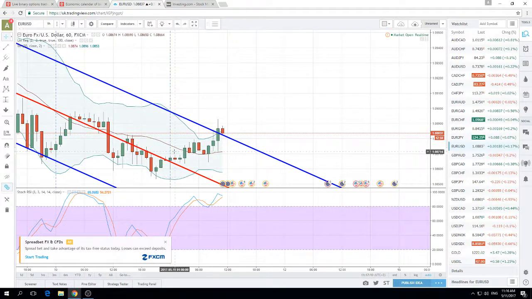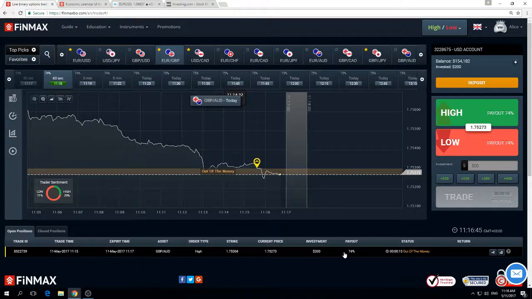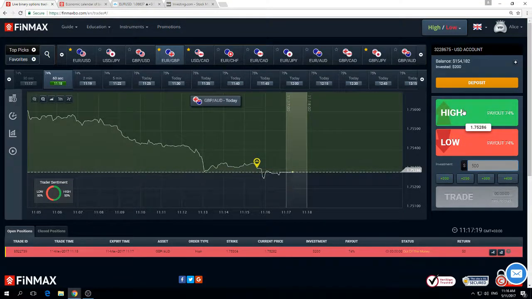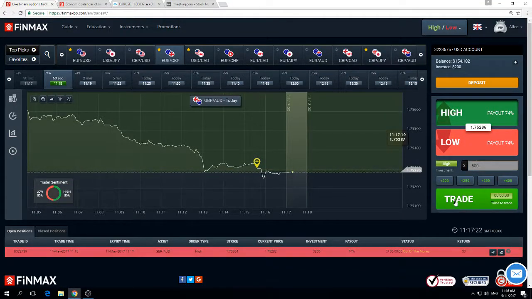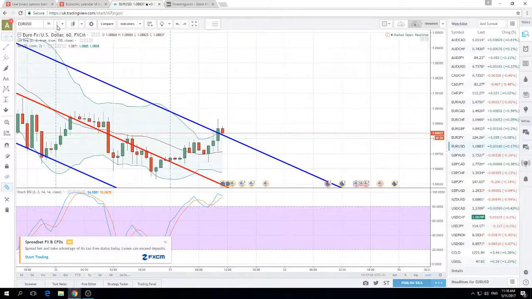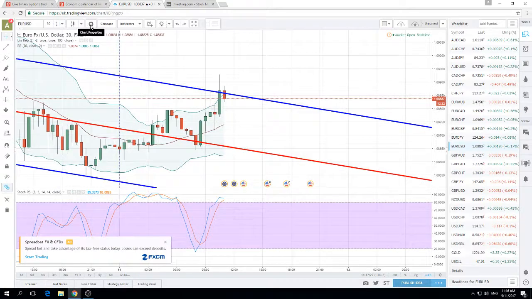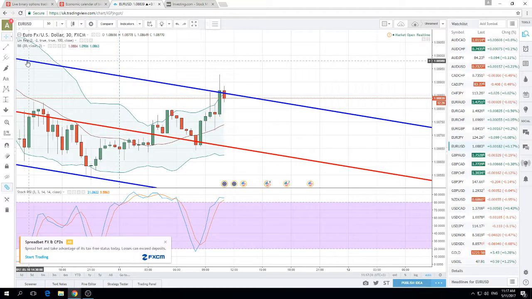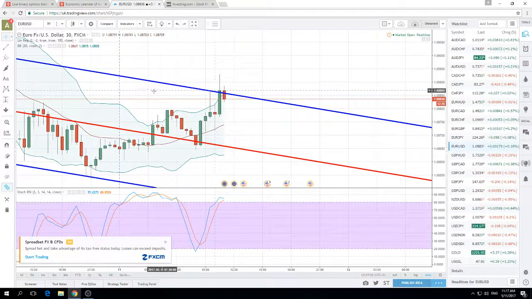So here is an opportunity to enter for probably not 1 hour, but, I'm covering the previous trade, just for 1 minute, for 30 minutes for low, much stronger probability that it will go down within 30 minutes than within 1 hour.